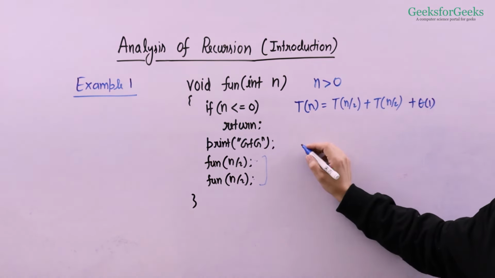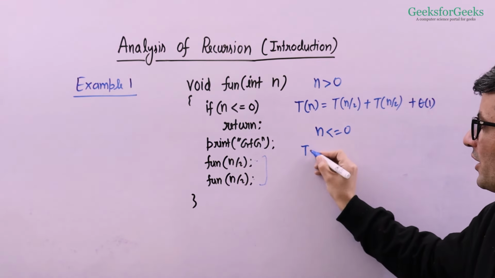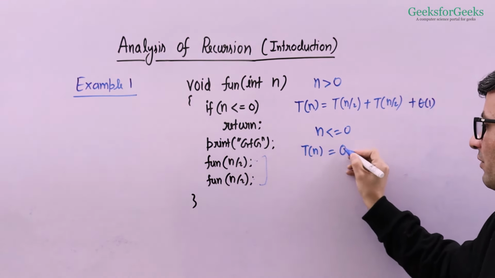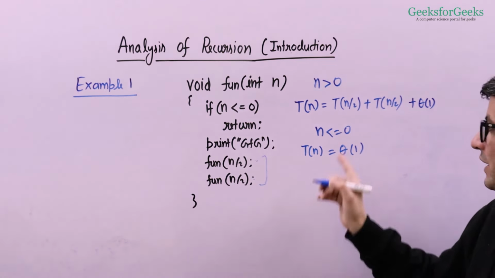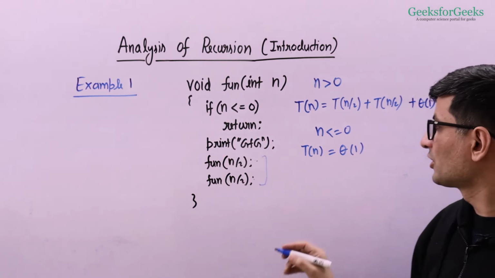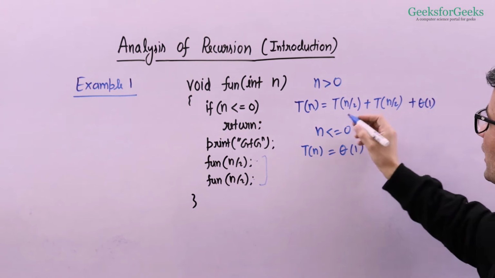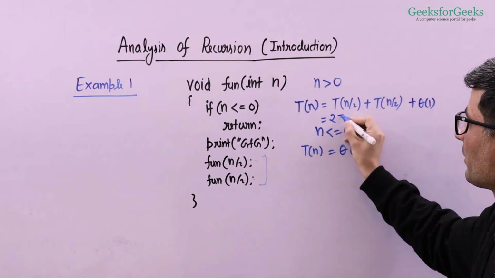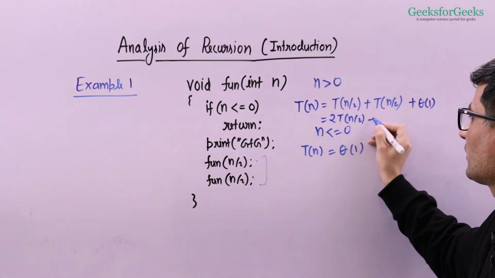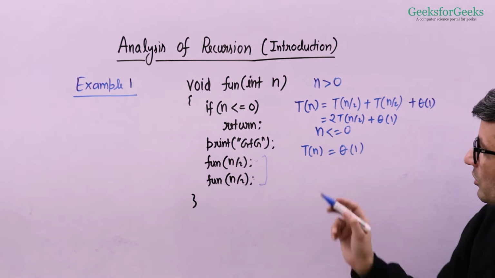And when n is smaller than or equal to 0, then we have T(n) equal to theta 1. It's a constant amount of work, because if that is the case, then we just return, right? So this is our general case, and this is our base case, and this can be rewritten as 2T(n/2) plus theta 1. I just added those two terms.